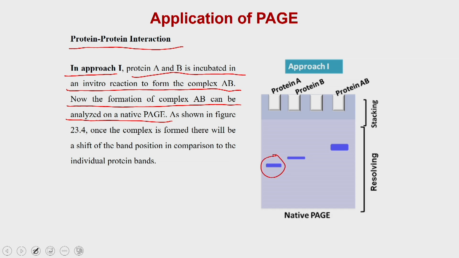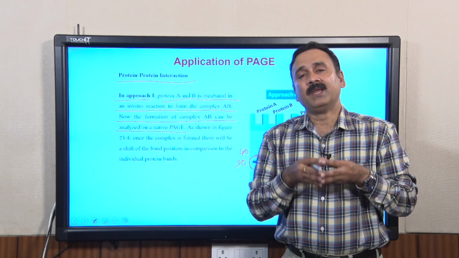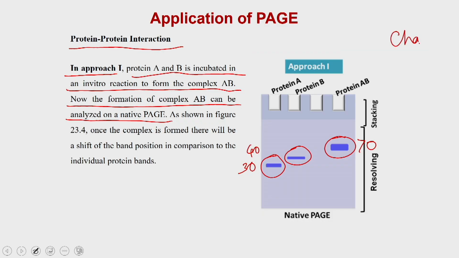Protein A is 30 kilodalton, protein B is 40 kilodalton, and what you see is that it has formed a complex of 70 kilodalton, but the electrophoretic mobility is not in proportion to the 70 kilodalton, because it is running based on charge by mass, since we are running a native PAGE. Okay.